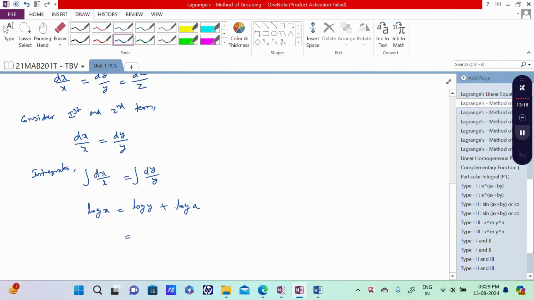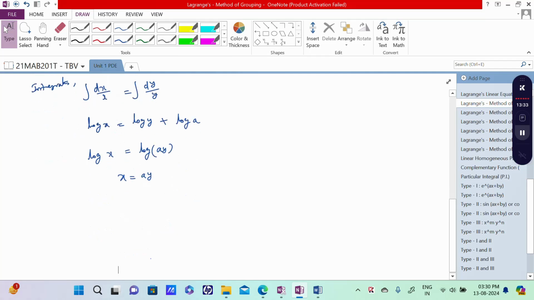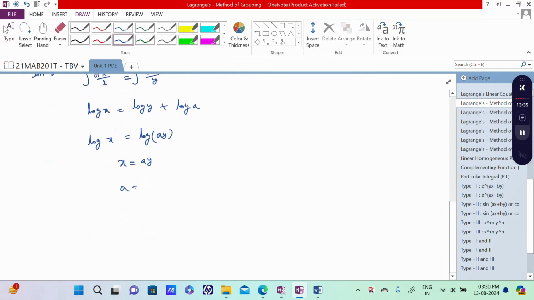Log a plus log y is nothing but log of ay. Then, removing the log on both sides, x equals ay and a equals x by y. Now what is u? u is nothing but a, therefore u equals x by y. This is one of the solutions of this equation.